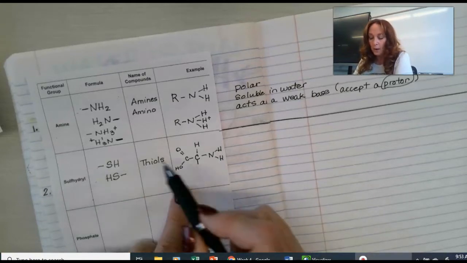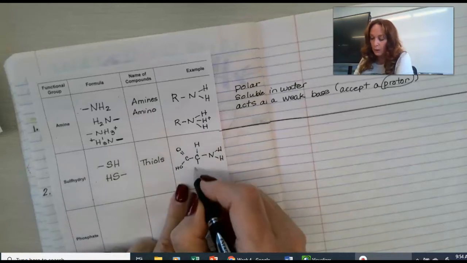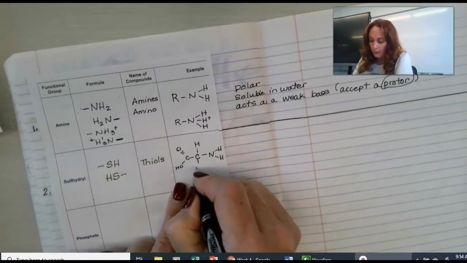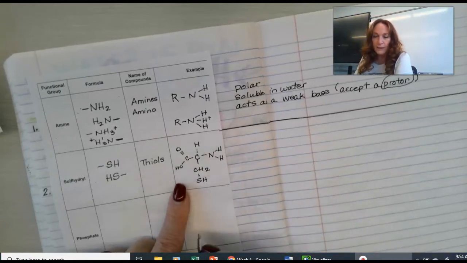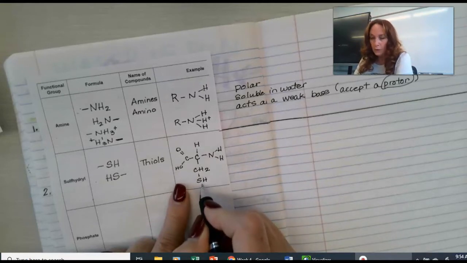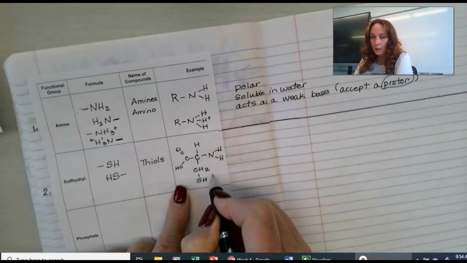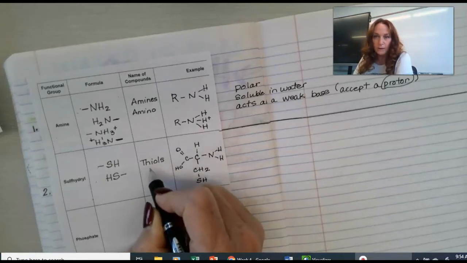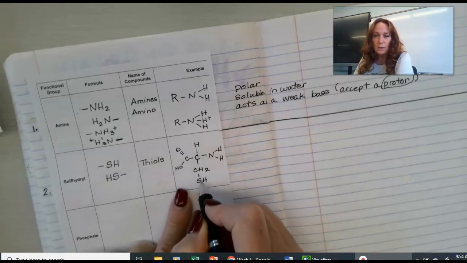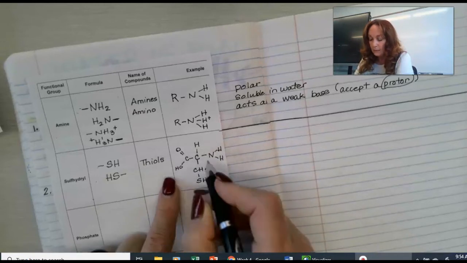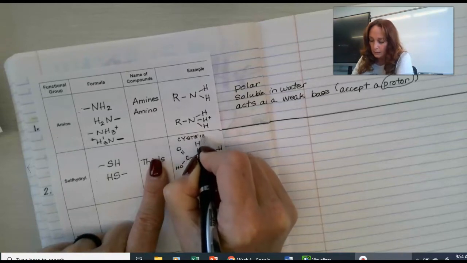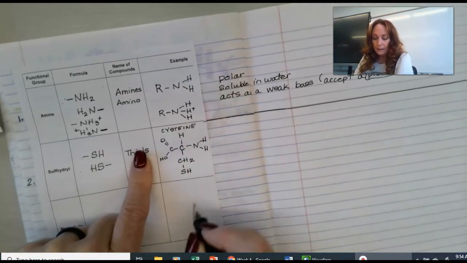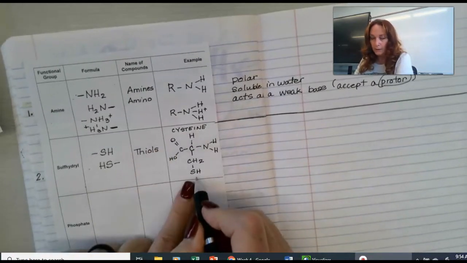For an example of a sulfhydryl group, you would put the variable group that's going to be this sulfhydryl. This right here is what makes this amino acid a thiol. And it's going to have a very unique behavior because of this sulfhydryl group. The name of this amino acid is cysteine. That's an example of a molecule with a sulfhydryl group.